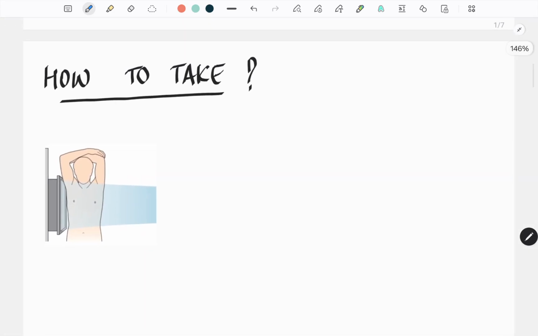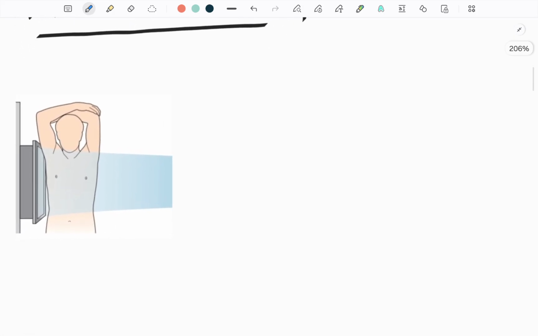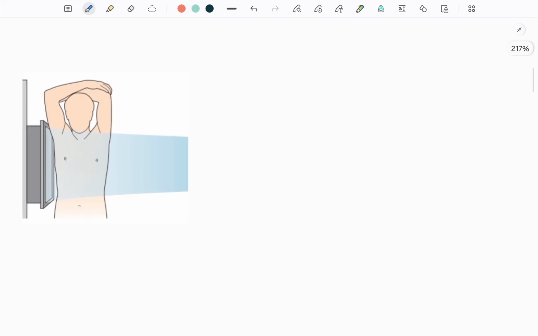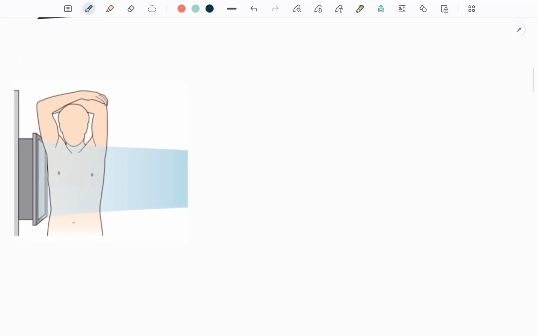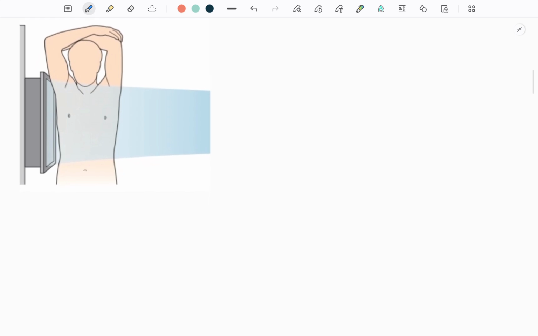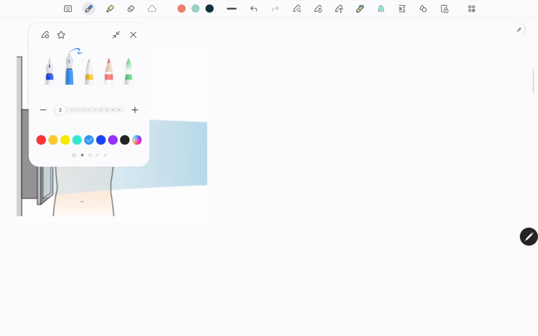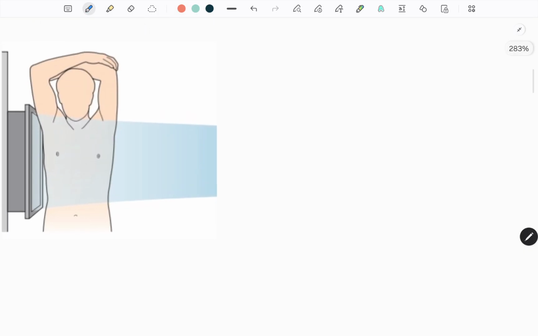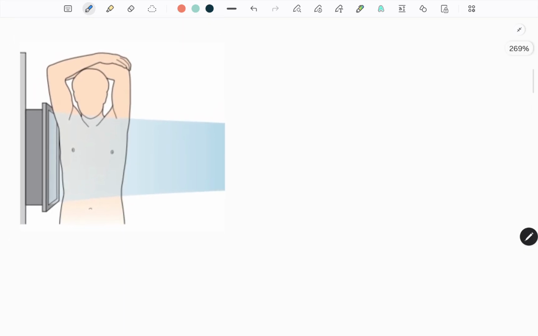Then we'll see how to take a lateral chest x-ray. We'll ask the patient to stand in front of the cassette and fold his or her arms above the head, and we will use the beam laterally from the patient's one side to the other side. Okay?